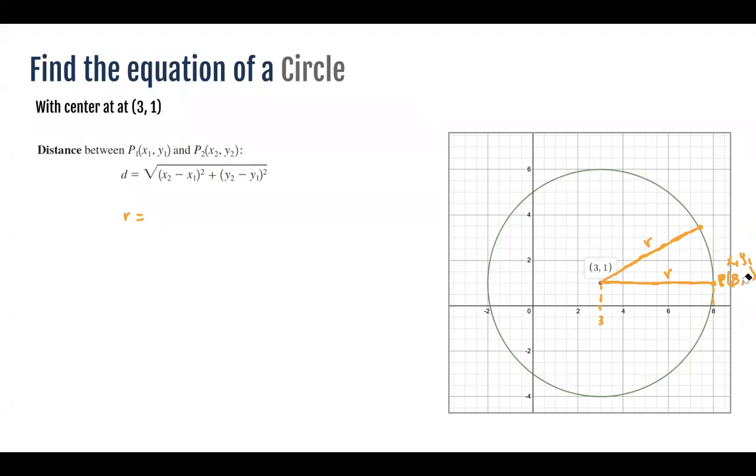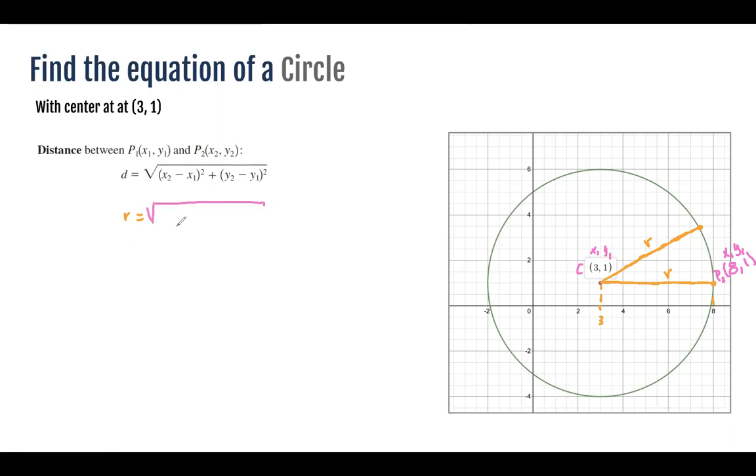Or better yet, let's call the center x1, y1. This is going to be x1, y1, and I'm going to call this point number 2 at 8, 1. And this is the center. So now I'm going to substitute those values on the equation.